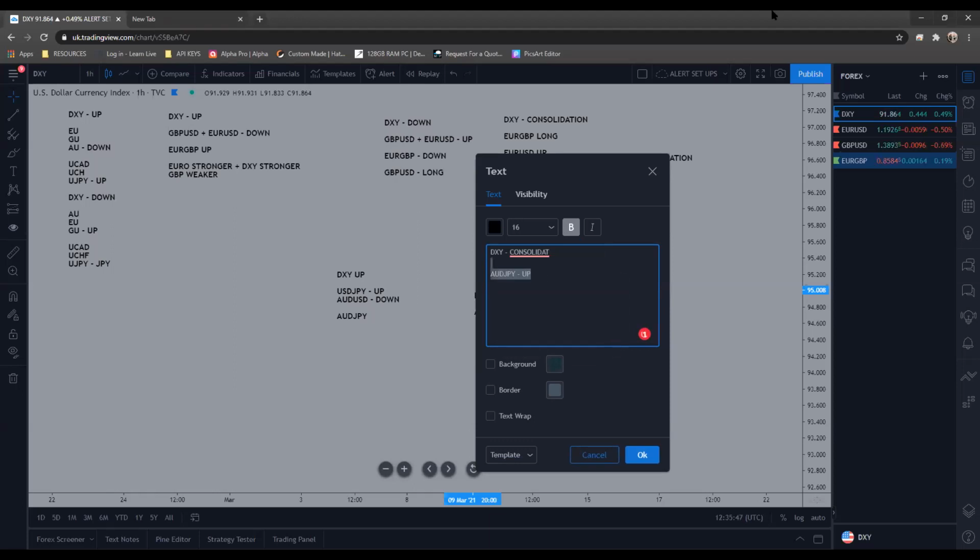Dollar index is in consolidation, so in a range, and AUD JPY is going up. So what is happening with the Aussie dollar compared to the Japanese yen?